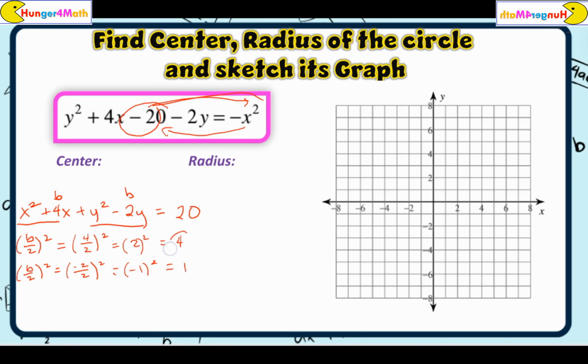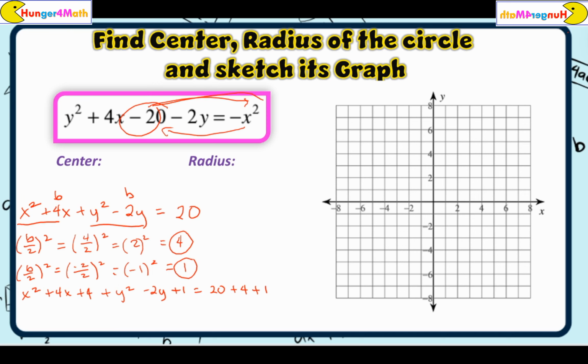Now that 4 and 1 will be added to both sides of the equation. That will turn into x squared plus 4x plus 4, that is for the x, and then plus the y squared minus 2y plus 1, equals 20 plus 4 plus 1.